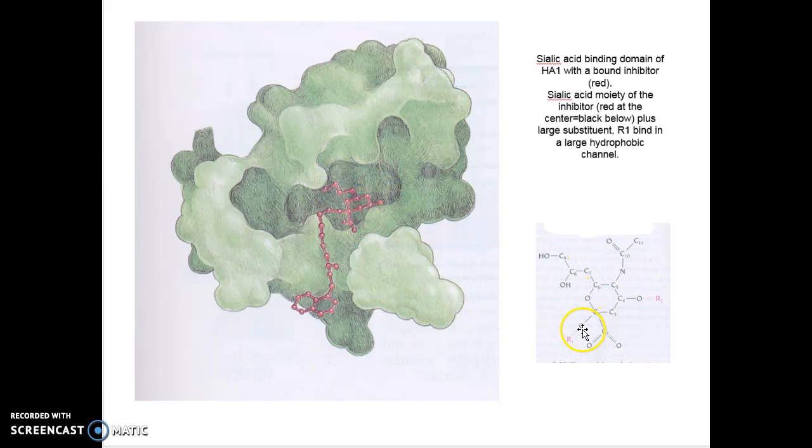With sialic acid around approximately, as you see here, this portion at the center corresponding to this one. The inhibitor actually has some modifications with long hydrophobic stretches in this position called R1, and a small one in R2. So you see this large portion is positioned in another long stretch of hydrophobic in these active regions.